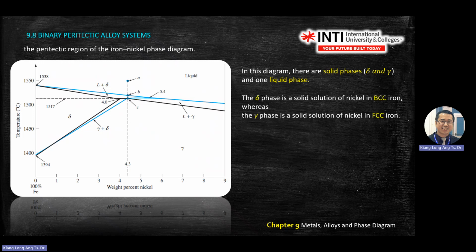Okay, so in this case, your delta phase solid solution of nickel is in BCC. Gamma is in FCC. So it changed from crystal structure BCC to FCC. Peritectic temperature is 1517 here, this temperature.